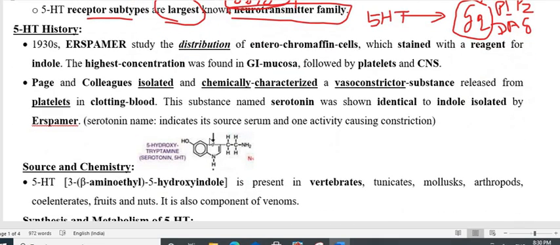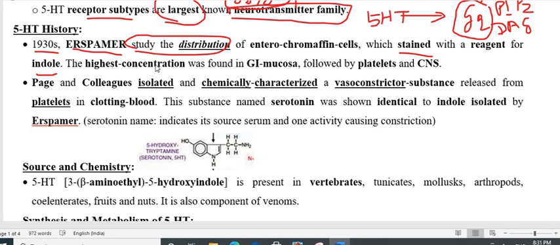Now we have to go through the history of 5-HT. The first scientist, in about the 1930s, was Erspamer. He studied the distribution of 5-HT, and for that he stained different cells with a stain that stains the indole group.